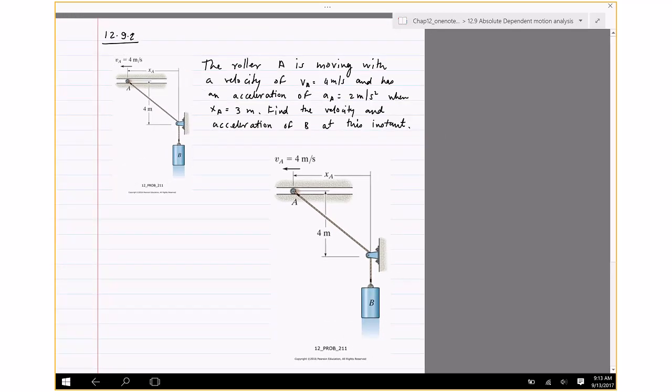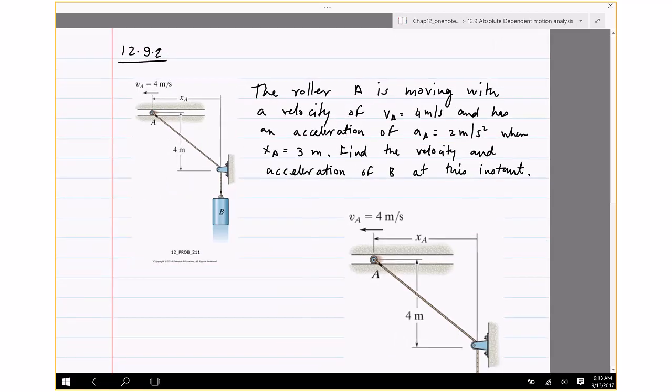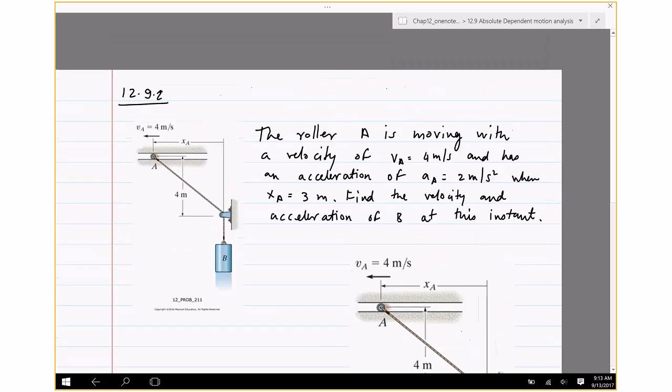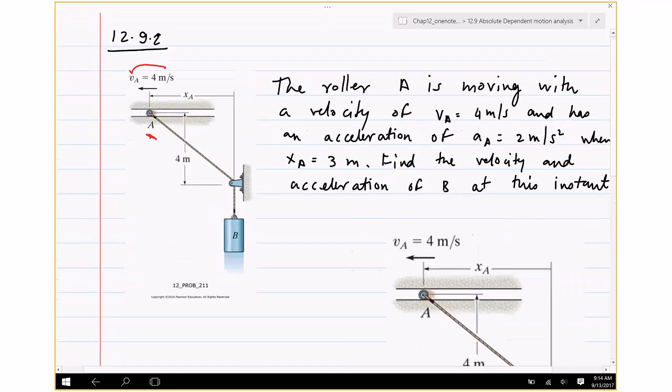Okay, so next question. The roller A, which is right here, is moving with a velocity of 4 meters per second. So it's shown over here, it's moving to the left, and has an acceleration of 2 meters per second squared. So VA is this, A is 2 meters per second squared.